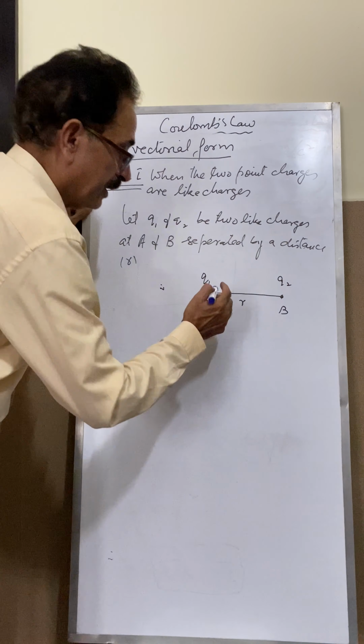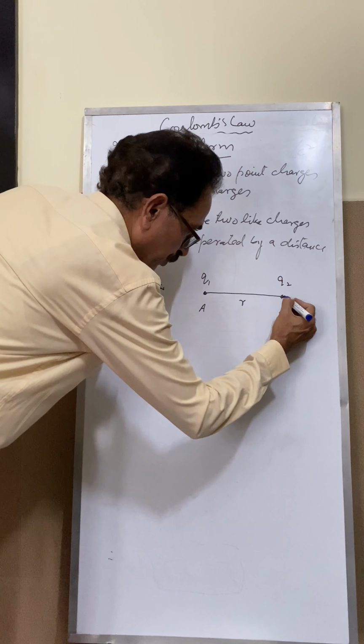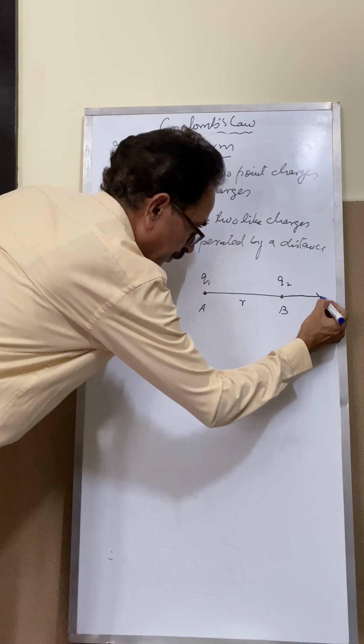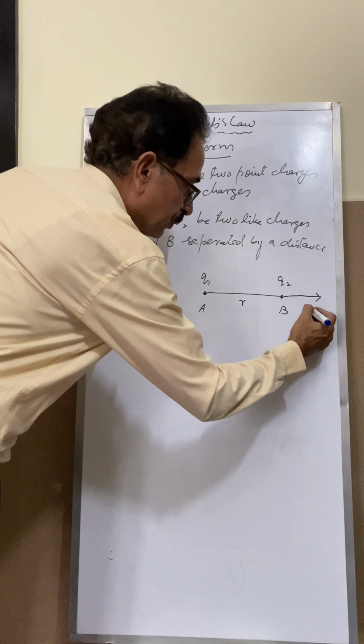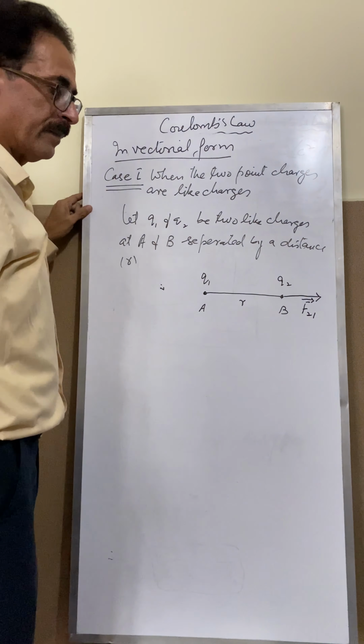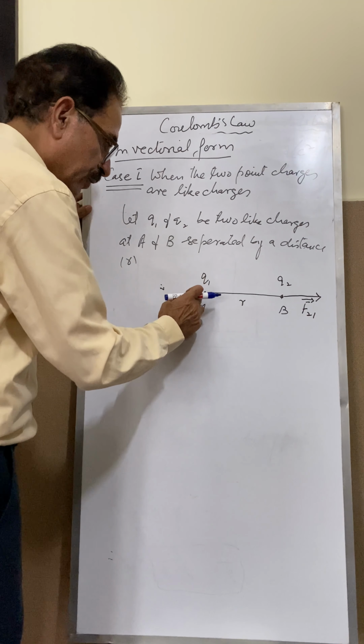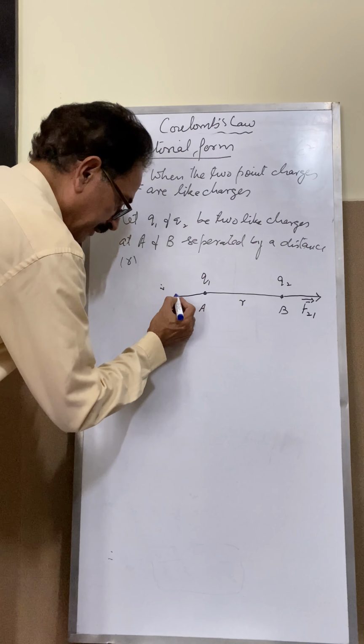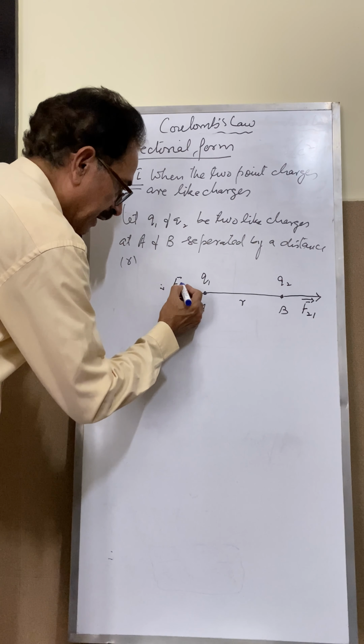This means Q1 repels Q2 with a force F21, and Q2 repels Q1 in this direction with a force F12.